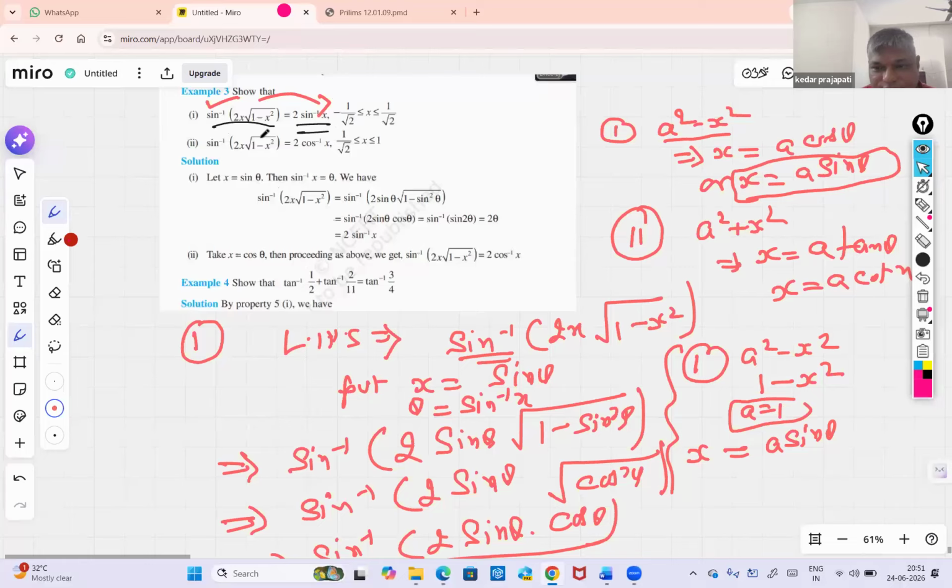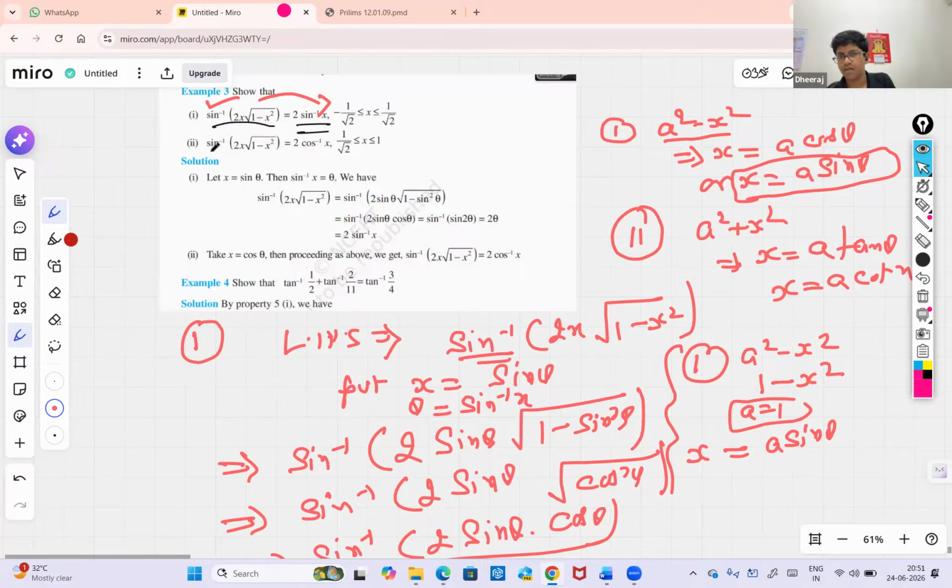Clear? Now, what is the difference between this and this? The identity LHS is the same. I told you, you can substitute either x equal to a cos theta or a sin theta.